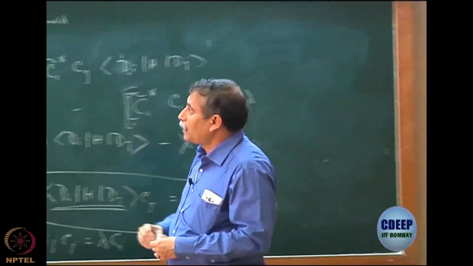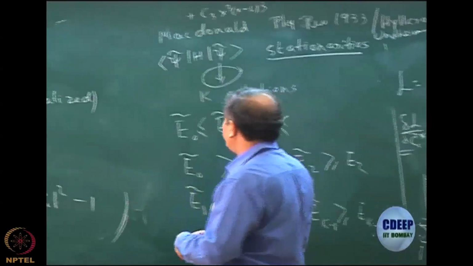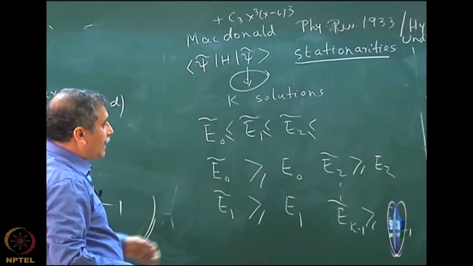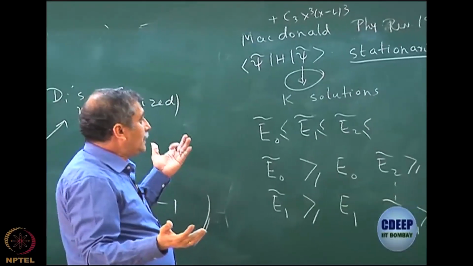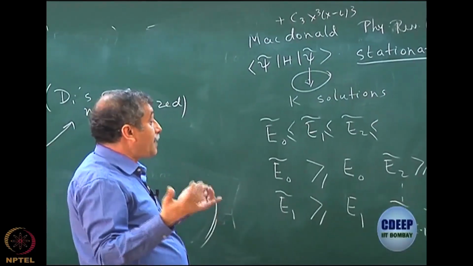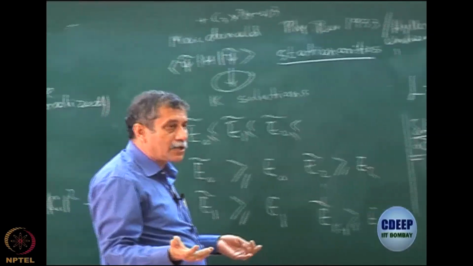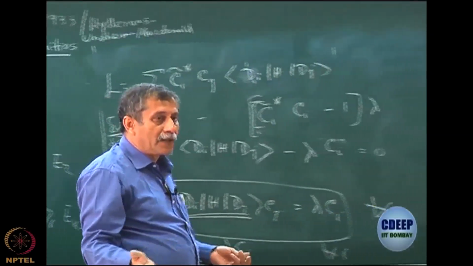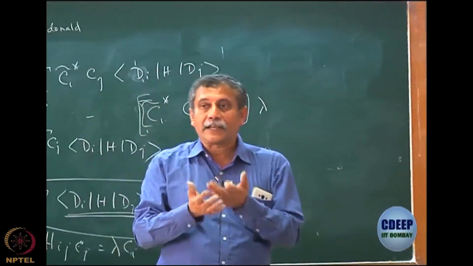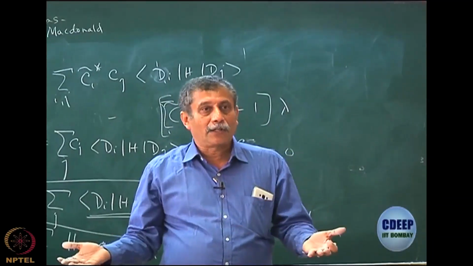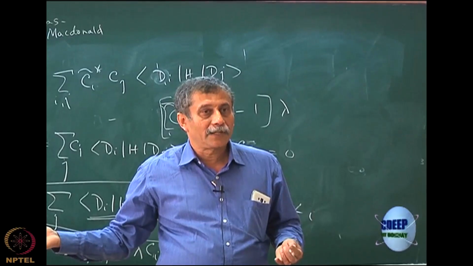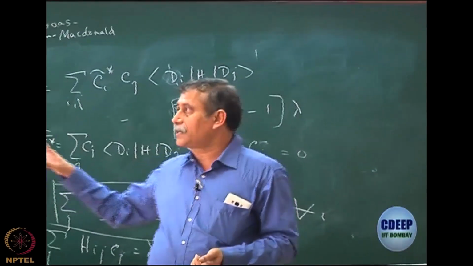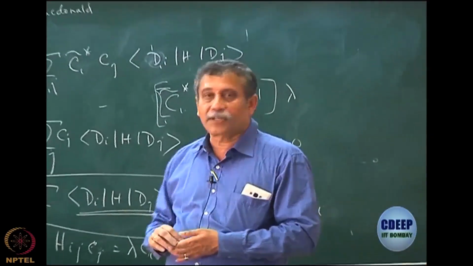Then you will get all the k solutions of the linear variation problem, and they have the property that I mentioned, the separation theorem. Each of them is an upper bound to its own corresponding exact solution. And if I increase the basis, they all change values, they all become lower and lower. So the entire content is what is given by the separation theorem.